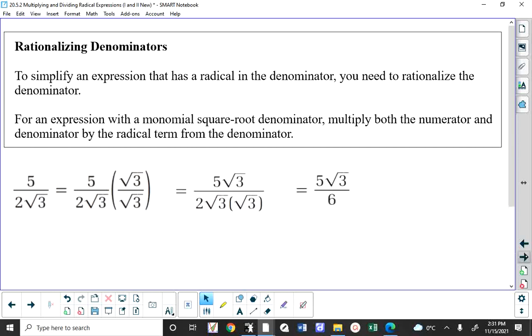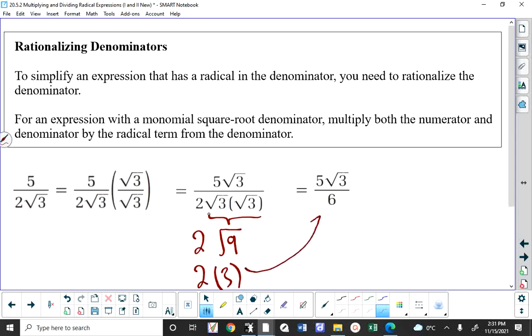I didn't show this, but this is root 9, isn't it? Because 3 times 3 is 9. And the square root of 9 is 3. So I'm left with 2 times 3, which gives me 6, and now it's rationalized. There's no radical in the denominator. And by the way, root 3 times root 3 is 3.